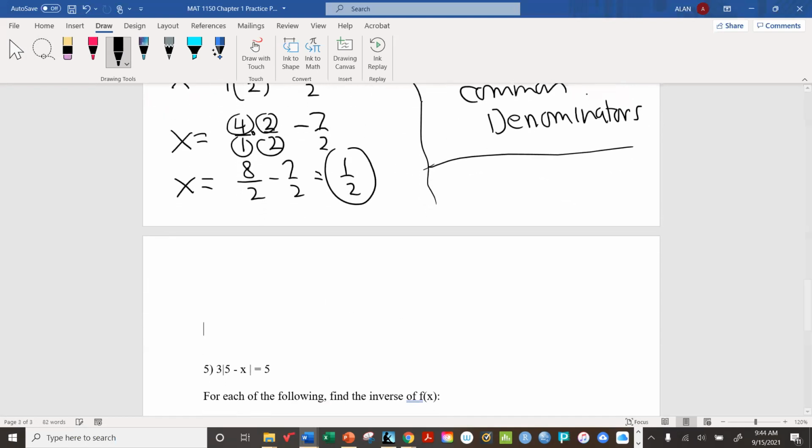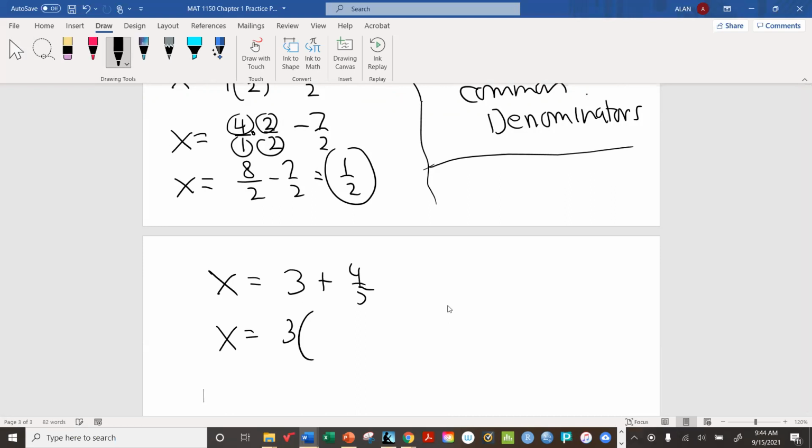So in fact, while we're on the subject, let's do another one. Let's try this. x equals 3 plus 4/5. How would you handle that one? Oh, I need fifths. Am I changing anything by multiplying by 5/5?